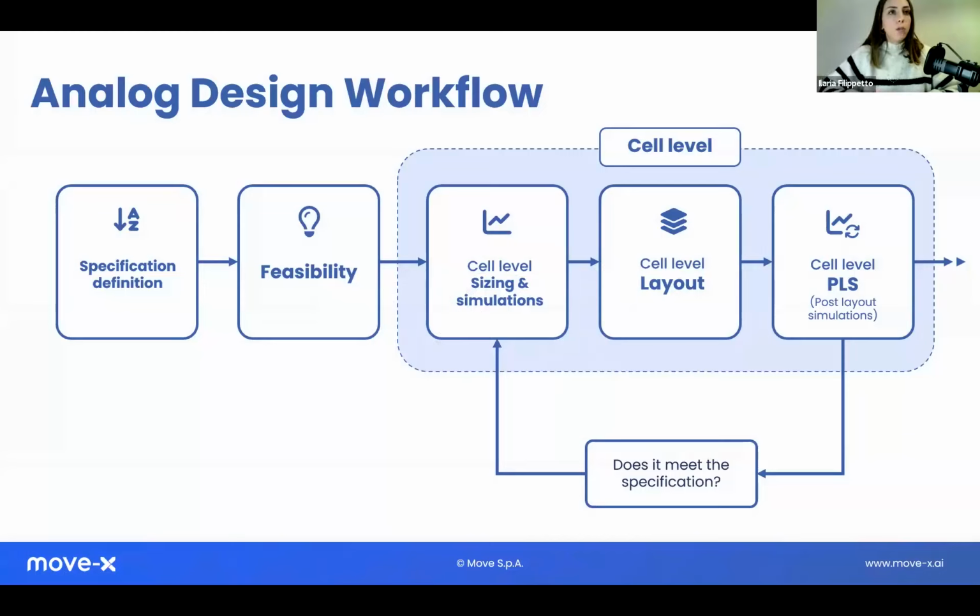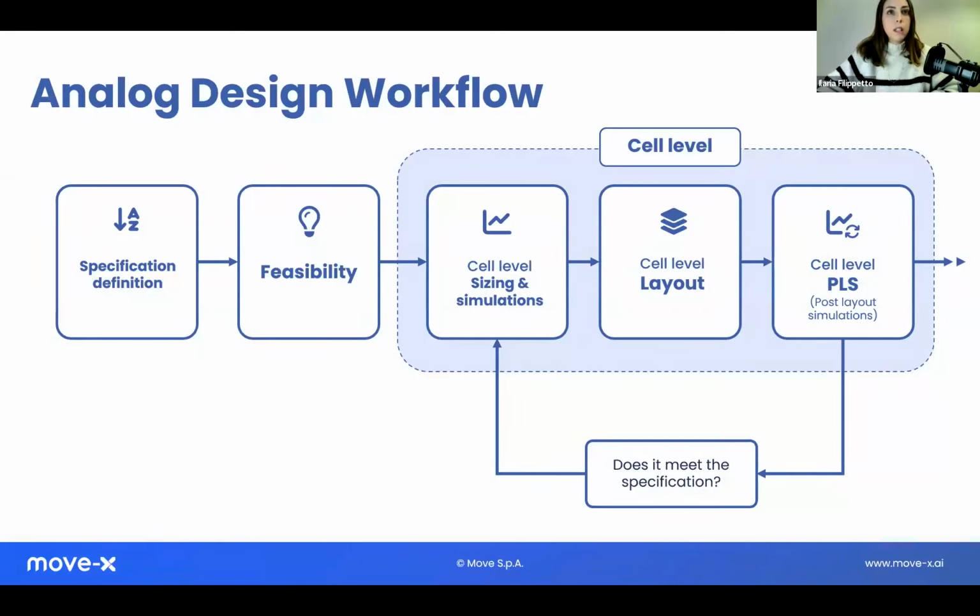We will go through each phase in detail, starting from defining the specifications, which act as the basis for the feasibility study. During this phase, during feasibility, what we do is several studies to assess whether the specifications can be met and also the most effective way to achieve them.